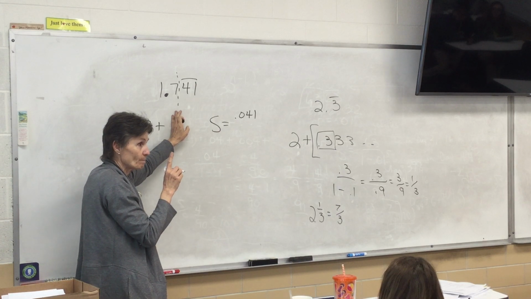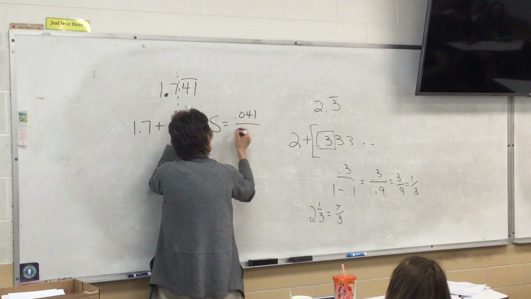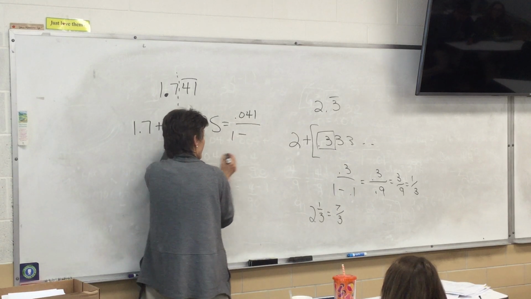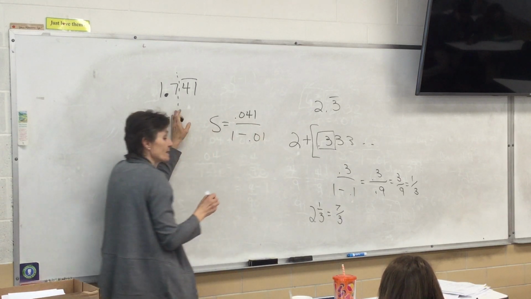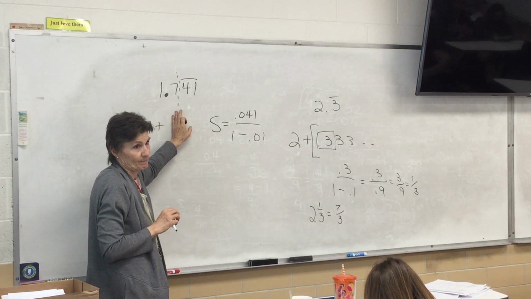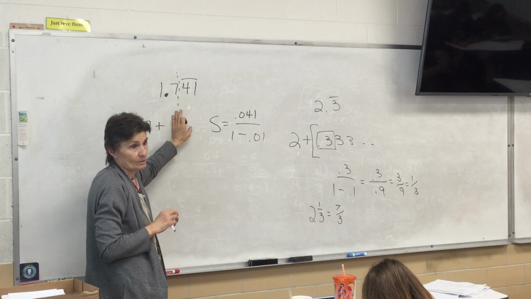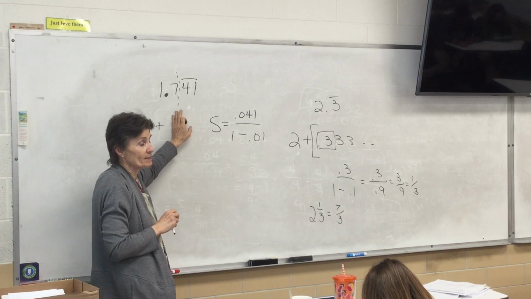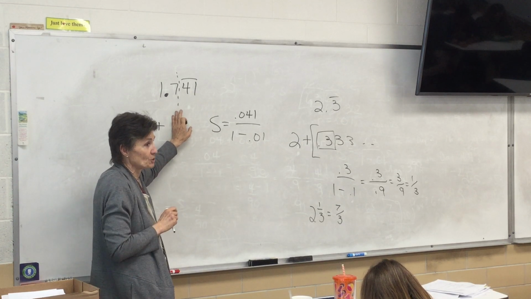That's my first term. And what's my ratio? 0.01. Because in this number, how many places repeat? 2. When 2 places repeat, it's 0.01 for your ratio.